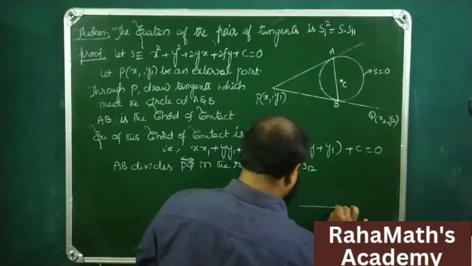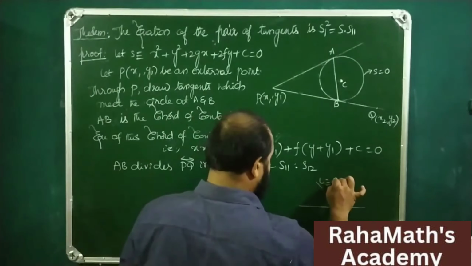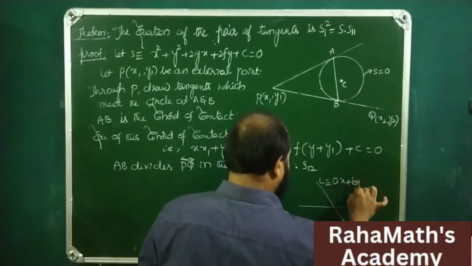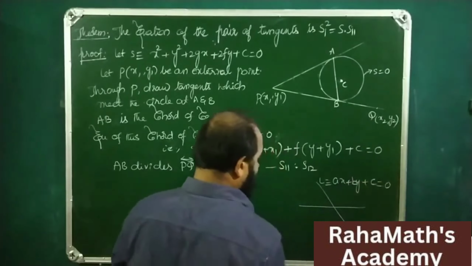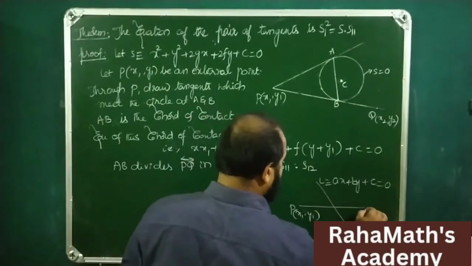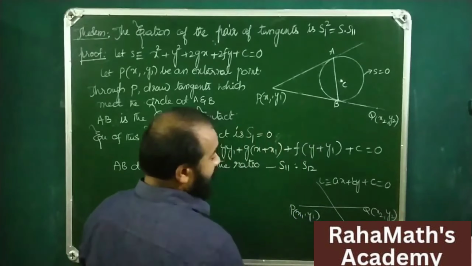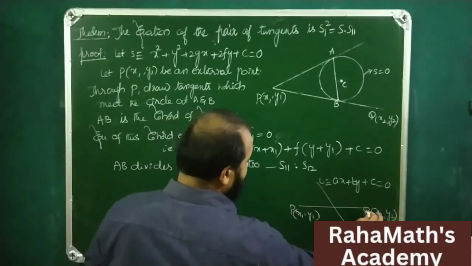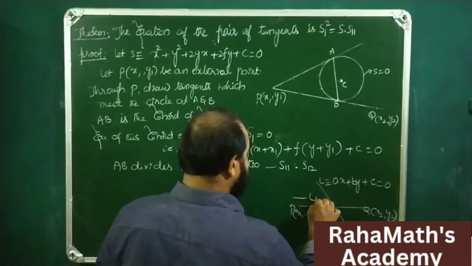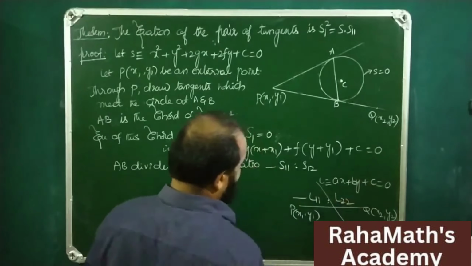See, for example, this is the line L, ax plus by plus c equals to 0, and this is P(x1, y1), and this is Q(x2, y2). So the line L divides PQ in the ratio minus L11 is to L22.